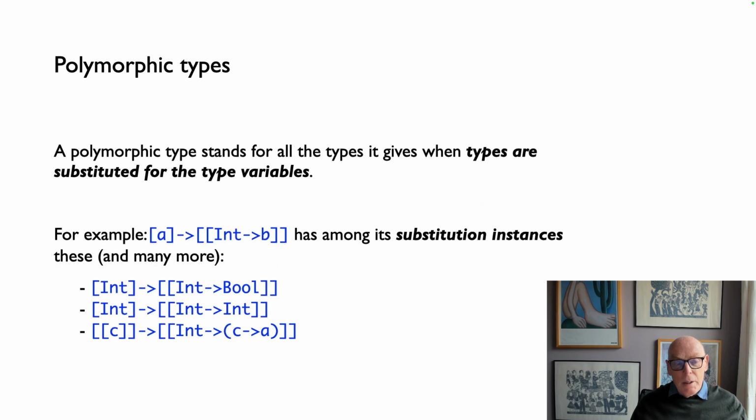Now let's have a look at what a polymorphic type actually means. A polymorphic type with variables in it stands for all the types you get when you substitute a type for the variable.